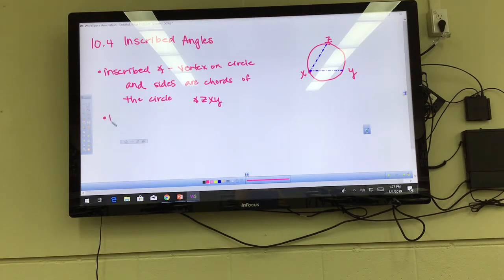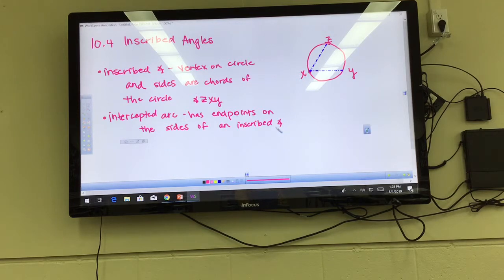We have another definition called an intercepted arc. What is an intercepted arc? Well, your textbook says it has endpoints on the sides of an inscribed angle. But that's not all.